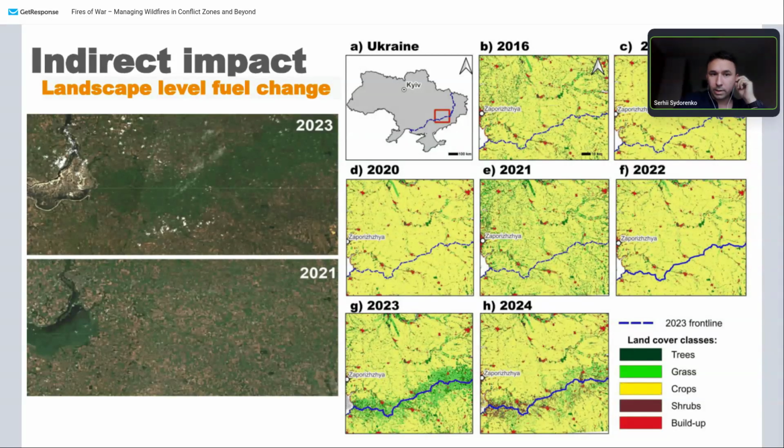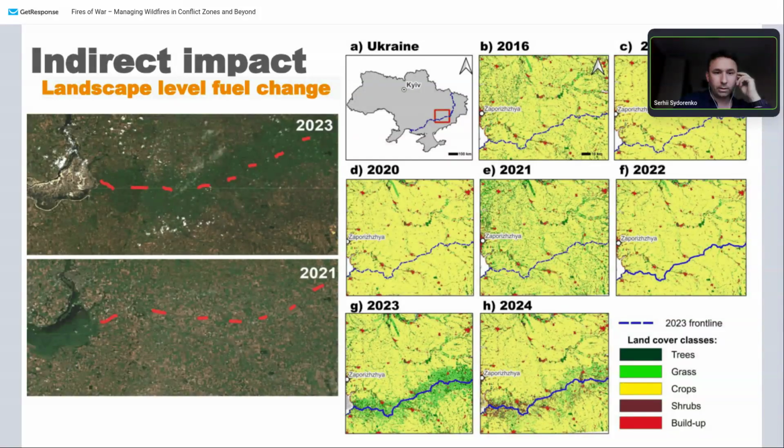Another aspect of indirect impact is landscape fuel change. Here you see one interval of the front line, around 200 meters, near Zaporizhia, and we picked this territory as a study area because the front line here was relatively stable during the last 3 years of war, more or less.